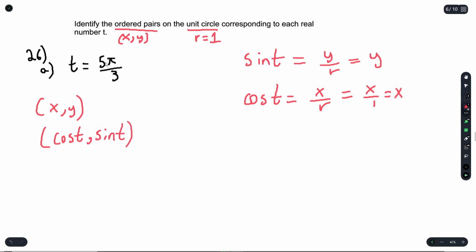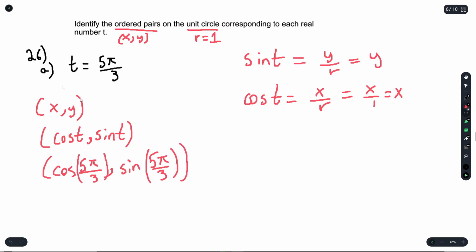So we can replace x and y by cosine t, comma, sine t. Now we just replace t by 5 pi over 3. Cosine 5 pi over 3, comma, sine 5 pi over 3. Now you just use a calculator.